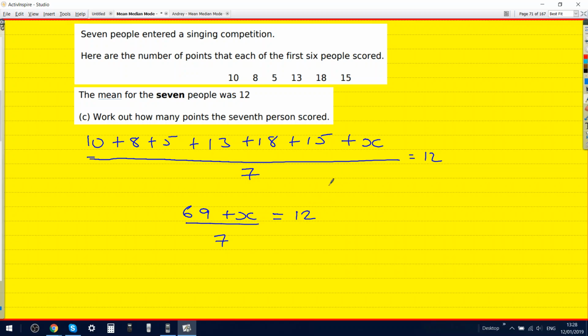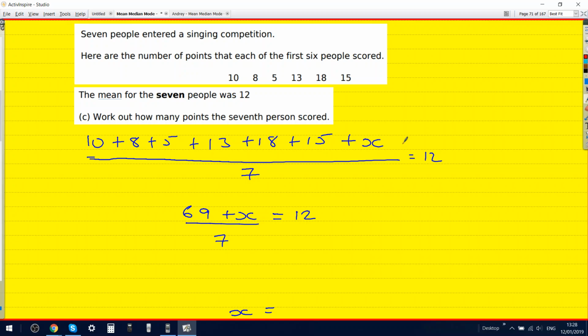So what would you do next? So we could work out what 69 divided by 7 is. Then you can plus it. No. You have to get x equals. So you have to get rid of the plus 69 and the divided by 7.